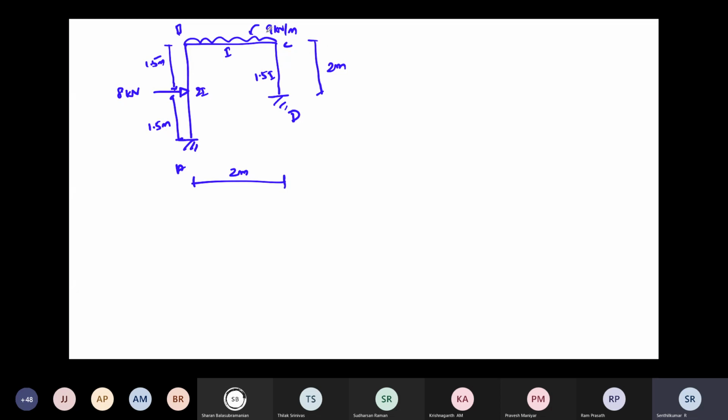At B, theta B will be there. At C, theta C will be there, and overall sway also will be there. Is there another one? Vertical displacement of BC? No, it won't, because it's just a normal frame, it will go like that only.